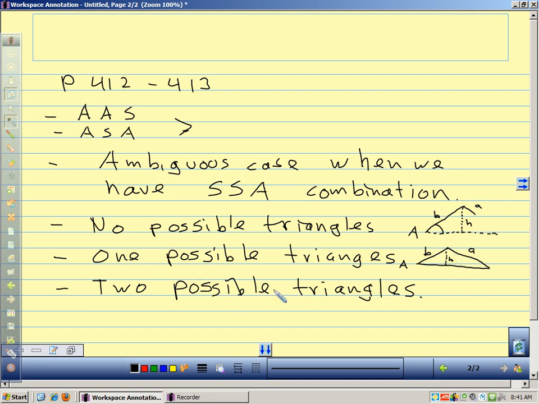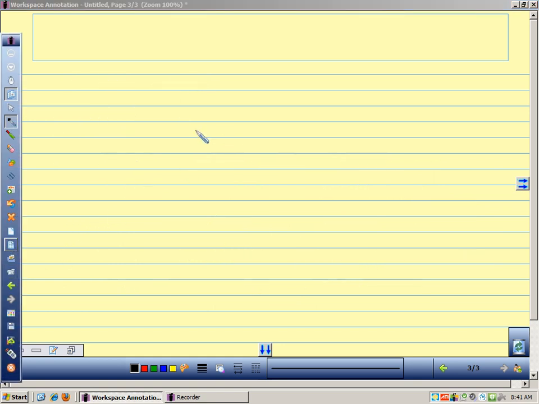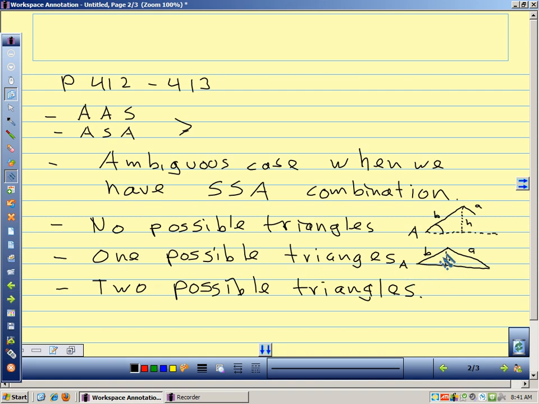Now the two possible triangles come into play. I'm going to switch pages here. I'm going to draw these triangles a little nicer. A is bigger than B, and A is bigger than H also.